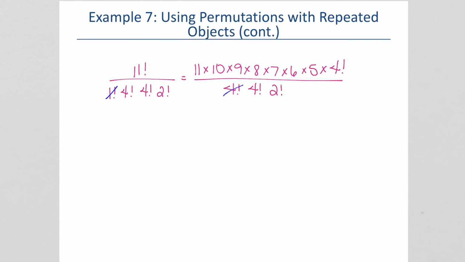So those 4 factorials will go away. So we're still left on the top with 11 times 10 times 9 times 8 times 7 times 6 times 5.